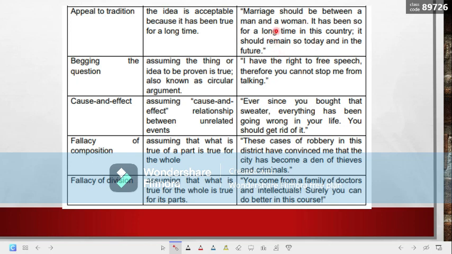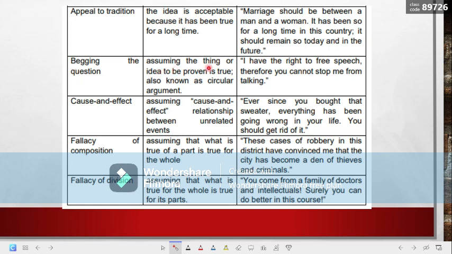Because we know very well that LGBTQ already exists, and we have same-sex marriage even legalized already in some countries. Okay? So it's not true all the time. That's appeal to tradition.